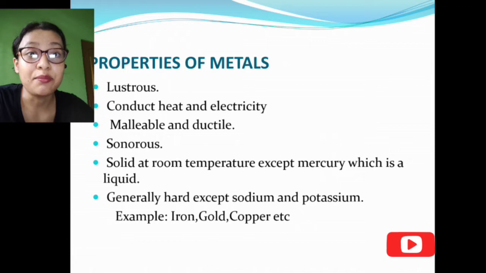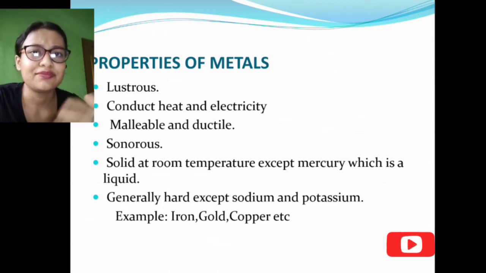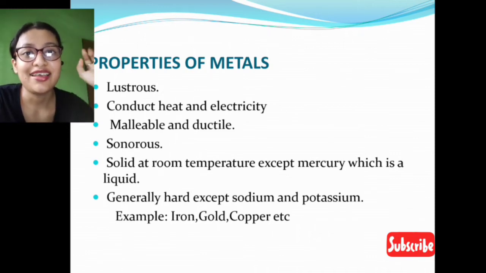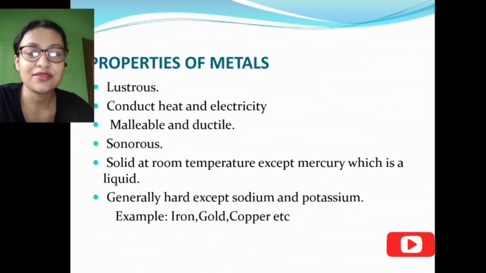Then metals are malleable, that means they can be beaten into thin sheets, and they are ductile, they can be drawn into thin wires. The next property is sonorous. Metals are sonorous, that means they make a ringing sound. When we go to the temple and ring the bell, it makes a very loud sound, yes or no? So metals are sonorous.